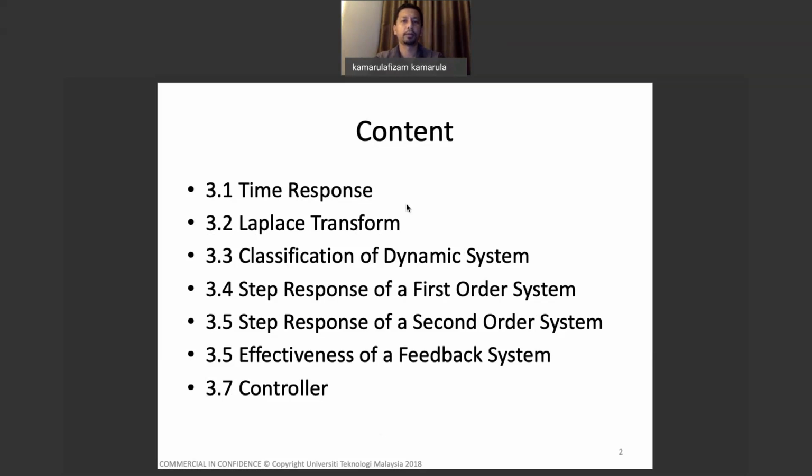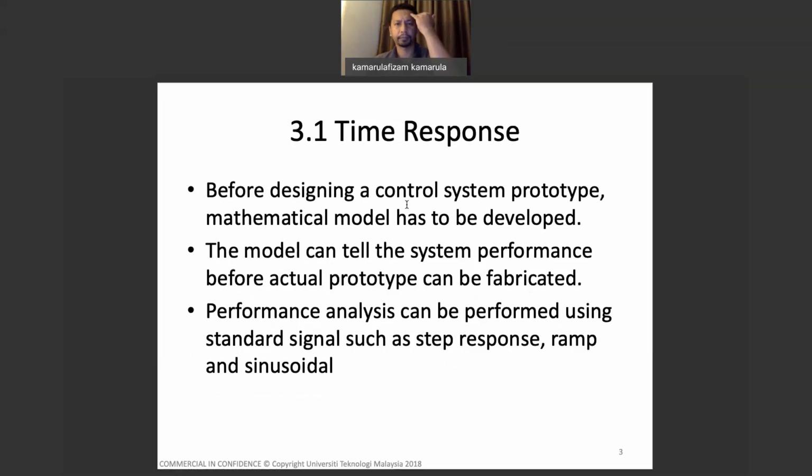All right. First of all, as you all know, before we can design any control system, the actual prototype, we have to develop the most accurate mathematical model of the control system.